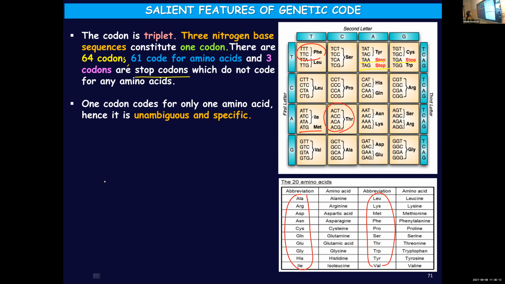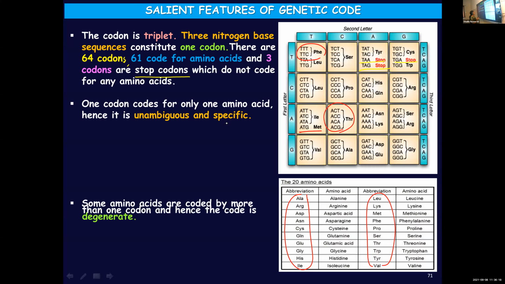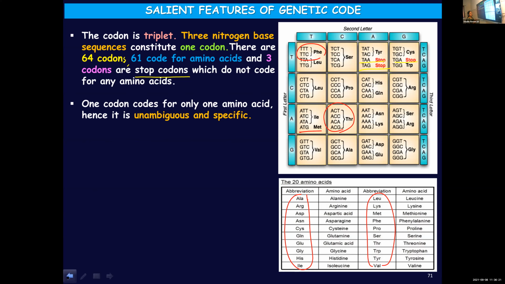Second point, one codon codes for only one amino acid. Hence, it is unambiguous and specific. It is not vague, we have clarity, because one codon is coding for only one amino acid. Take the case of GTG.